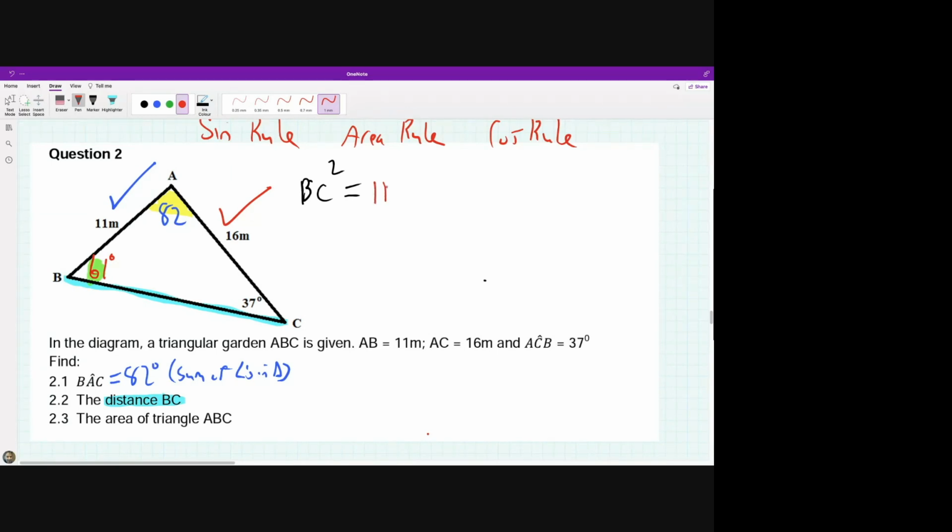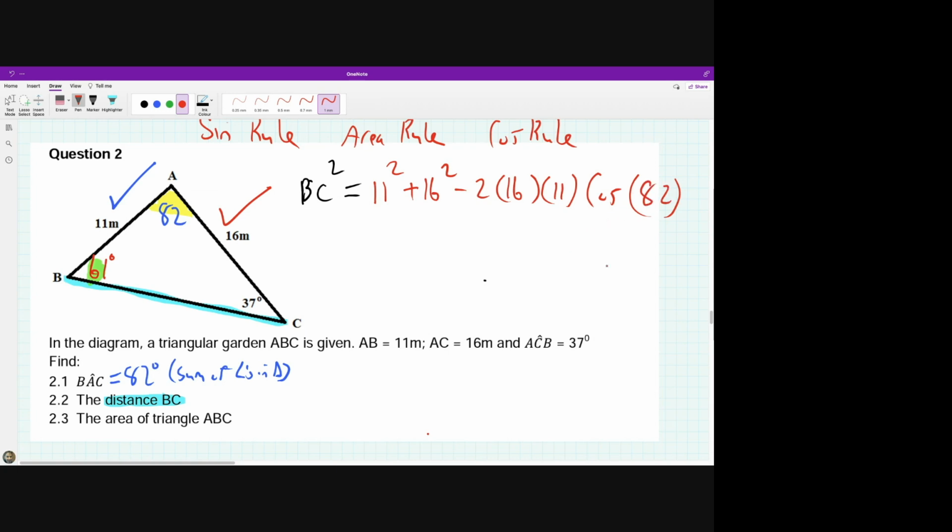So I'm going to go 11 squared plus 16 squared minus 2 times 16 times 11 times the cos of what angle am I going to put there? I think it must be 82. Yep.